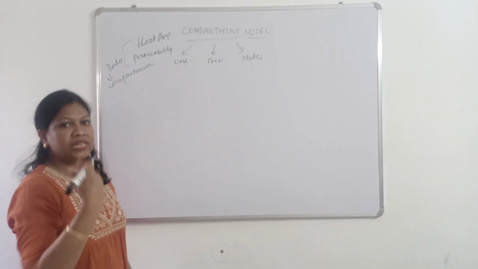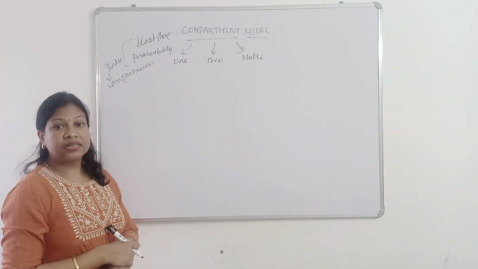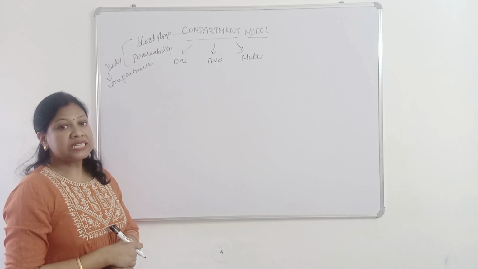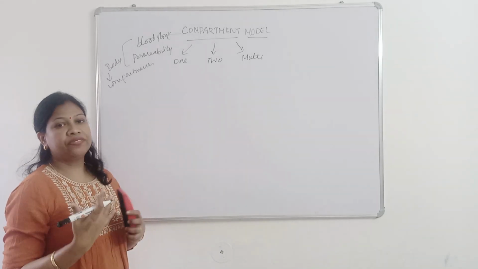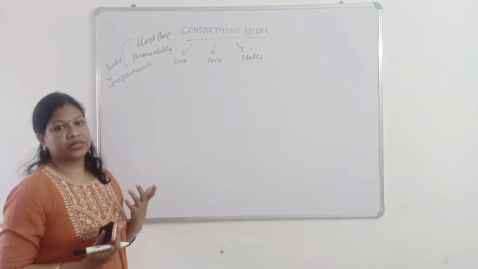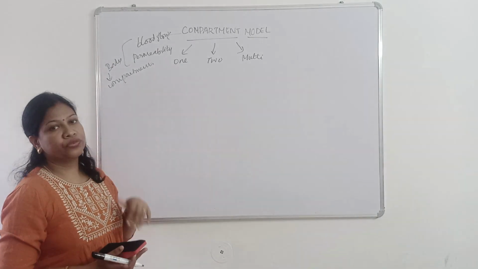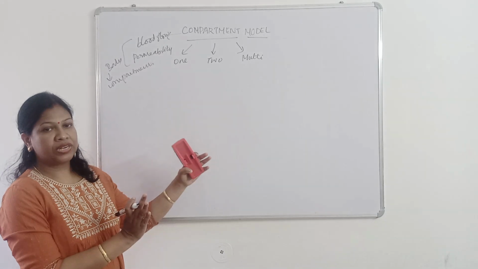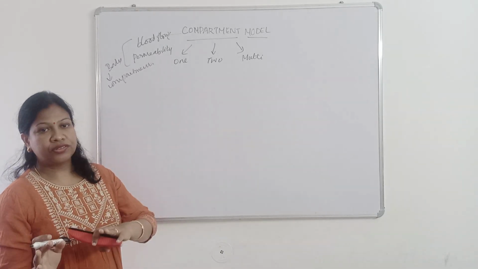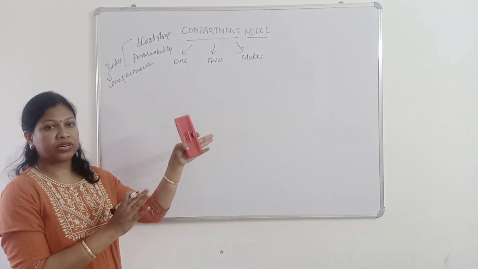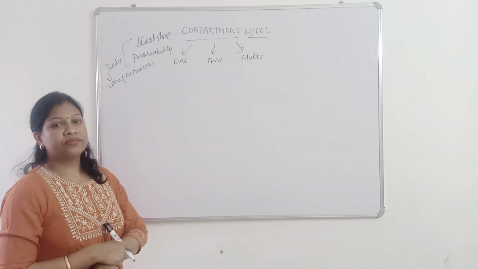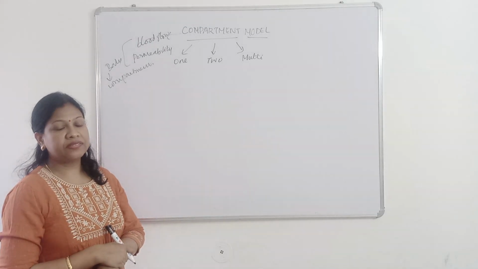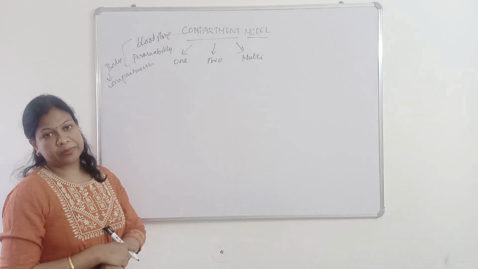If the distribution in the whole body is even or instantaneous, then the whole body will behave like a single unit, and the model followed will be the one compartment model. If the drug is distributed to one organ and then from those organs to other organs where less perfusion takes place, then that is a two compartment model.